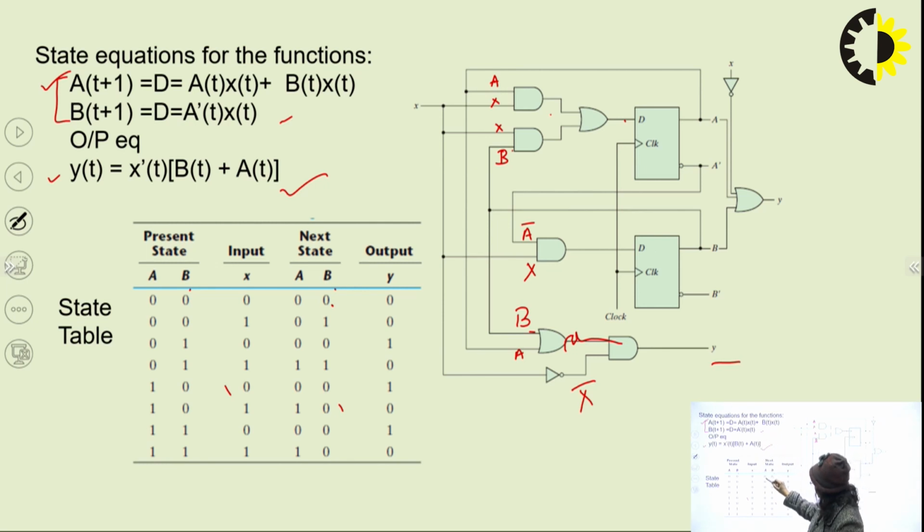So, A is 0, 0, 0, 0. When X is 1, then next state of A is A plus B. So, 0, 1, 1, 1.